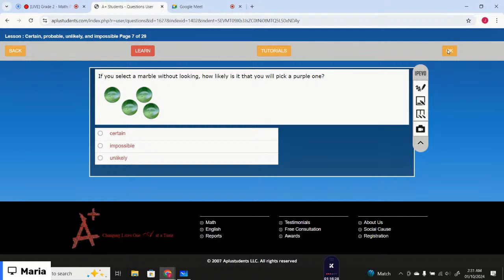Impossible, right? Because you don't have any purple marble here. So how are you going to pick the purple one? Impossible it is, right? Okay, you can complete the lesson by yourself later today. Let me just move on to the next lesson.